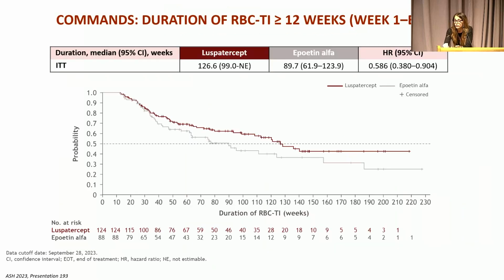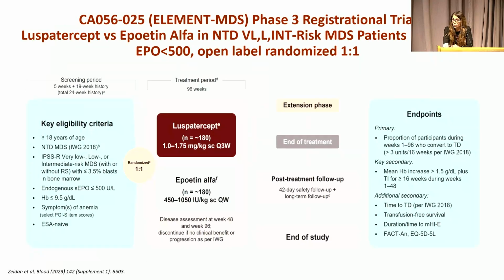The duration of the primary endpoint was longer in the intention-to-treat population in the luspatercept arm versus the epoetin alpha arm. Because of these encouraging results, there is another trial that is ongoing now, the ELEMENT, a phase 3 trial comparing again luspatercept and epoetin alpha in non-transfusion dependent lower risk patients with a diagnosis of MDS.